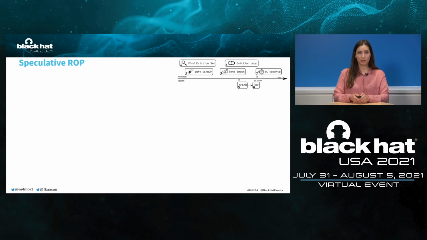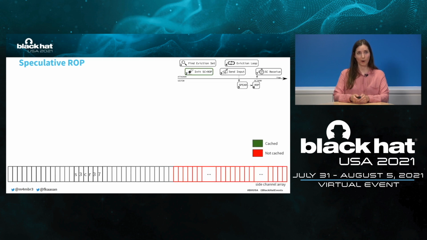Now, regarding speculative ROP, the attack payload is composed of carefully chosen ROP gadgets that are prepared as part of the initialization phase in step 1. The gadgets must be chosen from code pages that are already present in victim memory and have a valid TLB mapping. Moreover, during the ROP chain initialization phase, the attacker executes the chain in a loop pinned to the same physical core as the victim process.